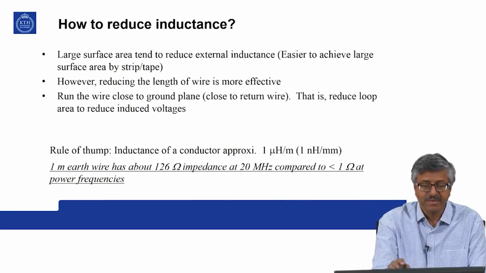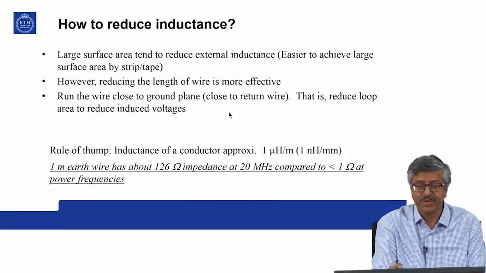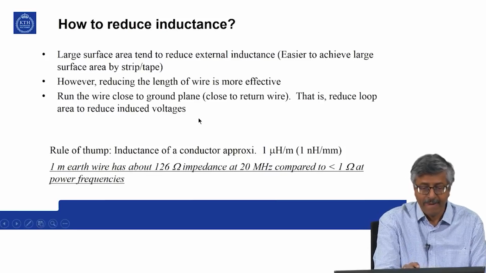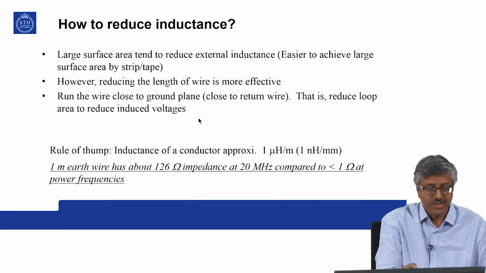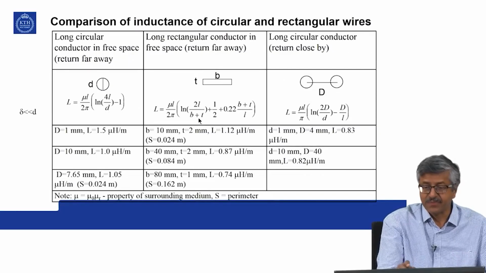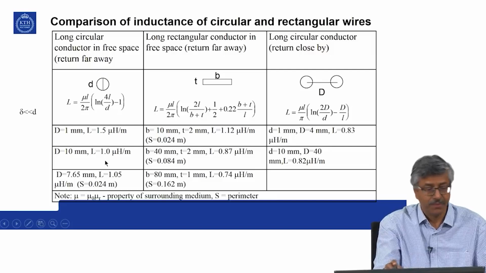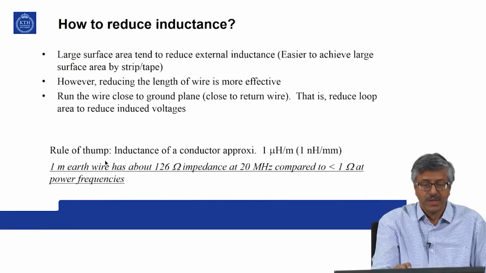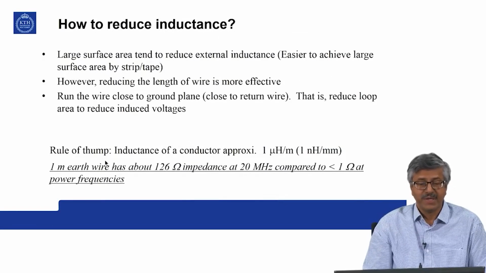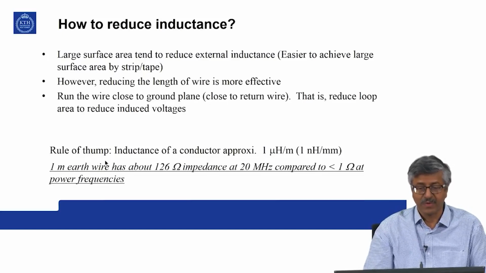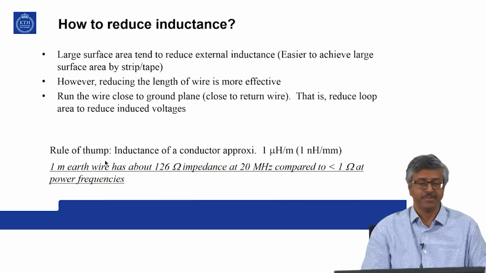Then another measure is to run the wire close to the ground plane, close to the return wire, that is, reduce loop area to reduce induced voltages. This we have seen by comparing this picture with this one and the calculations below. So, rule of thumb, the inductance of a conductor is approximately 1 microhenry per meter or 1 nanohenry per millimeter.